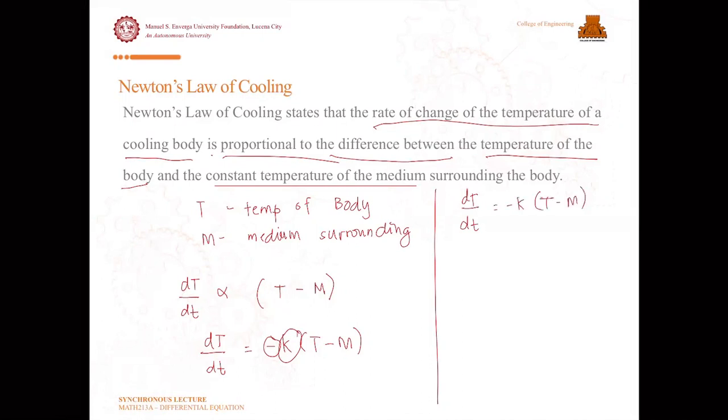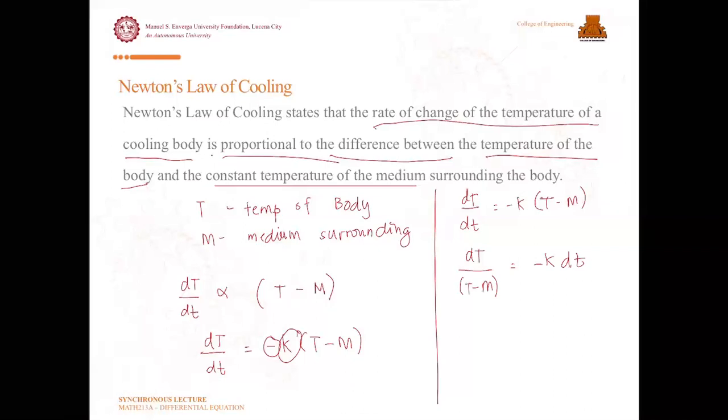Okay? Para ma-solve natin yan, pwedeng gawin natin is separable equation. So dT, divide natin both side by T minus M. Then si dt, multiply natin doon sa kabila. Okay?